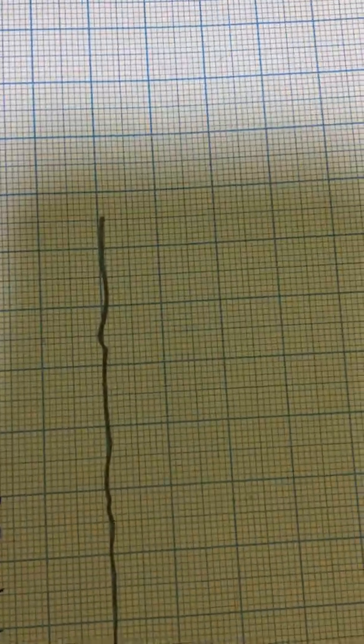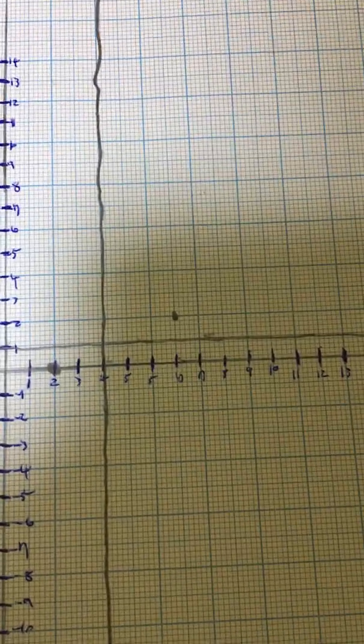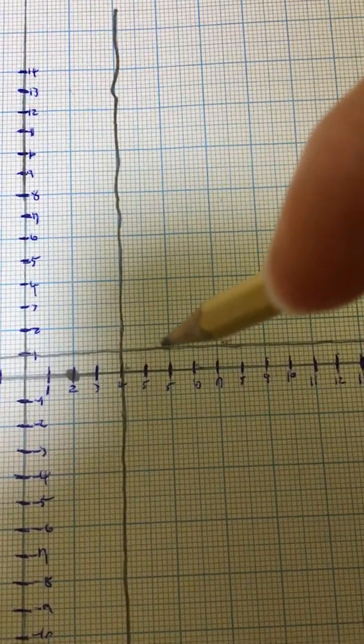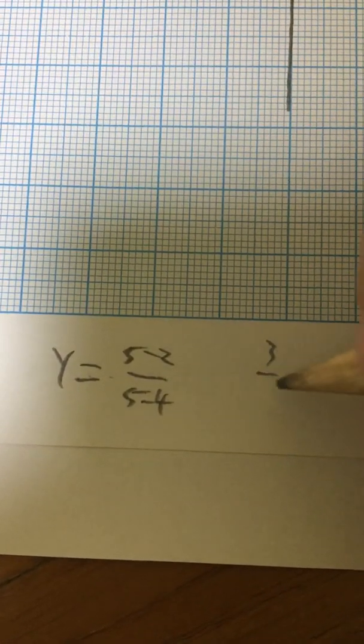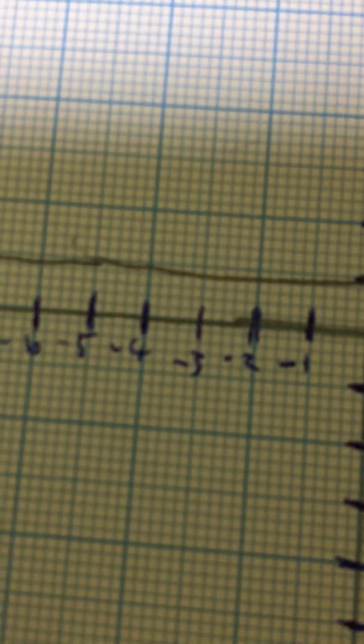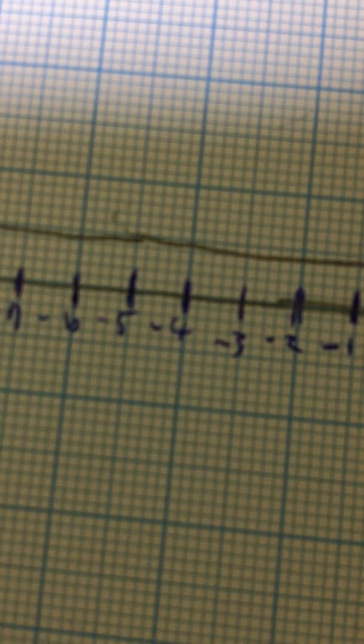Preferably, I would choose another point. Let's try 5, just because I want to. So it's 5 minus 2 over 5 minus 4 equals y this time, which is 3 over 1, so 3. The point is 5, 3, right here.